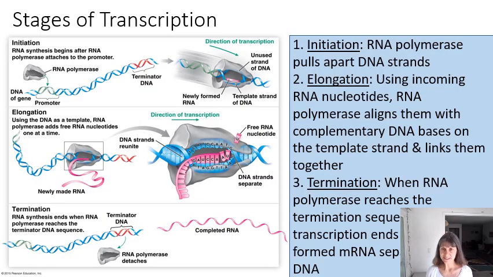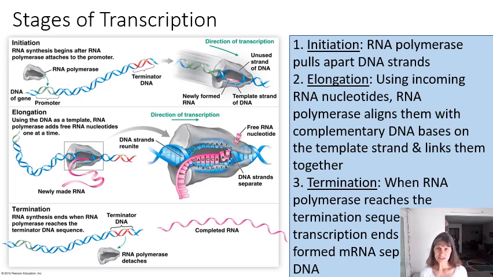There are 3 stages of transcription. Initiation is the initial stage where RNA polymerase, with the help of transcription factors, will bind to the promoter area on the DNA double helix. The RNA polymerase will help that DNA double helix to unwind.